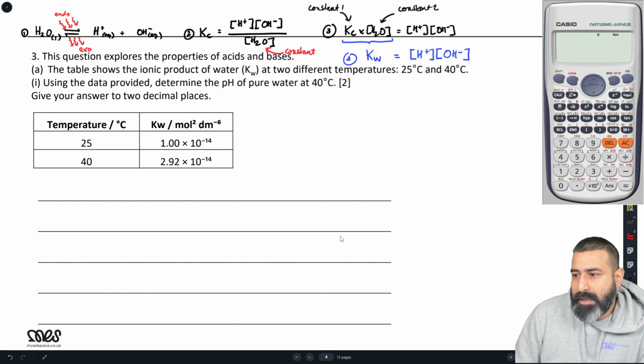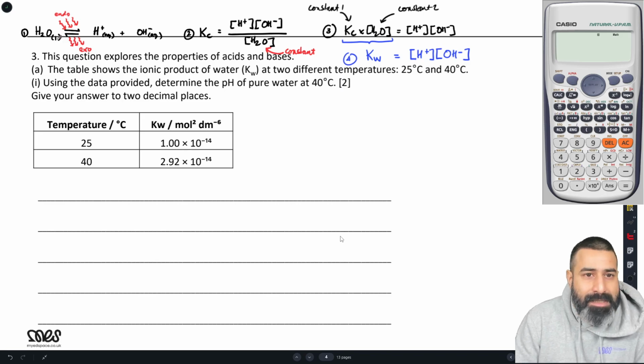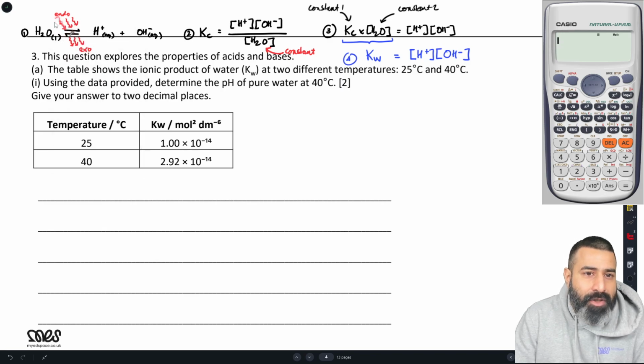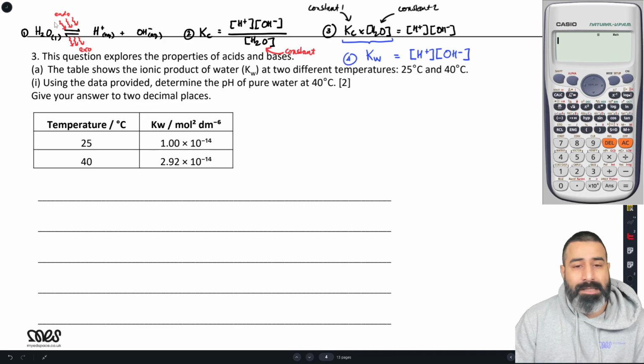So if we increase the temperature, let's go to Le Chatelier's for just a second. If we increase the temperature, the equilibrium shifts in the endothermic direction to counteract that increase in temperature. So it absorbs the heat. So it moves from left to right, making more H plus ions. So we're guessing here that if the concentration of H plus ions is increasing, the pH is going to be less than 7.